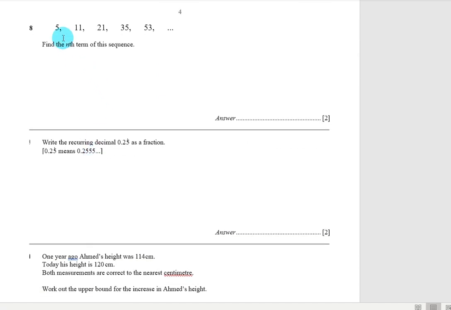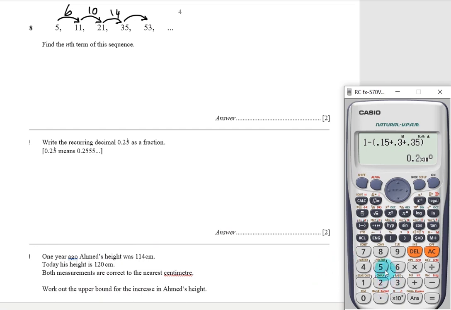Let us go ahead. Find the nth term of this sequence. Let us see this sequence here. 11 minus 5 equals 6, and then 21 minus 11 is 10, and then 35 minus 21 equals 14, and then 53 minus 35, let us use our calculator, equals 18.